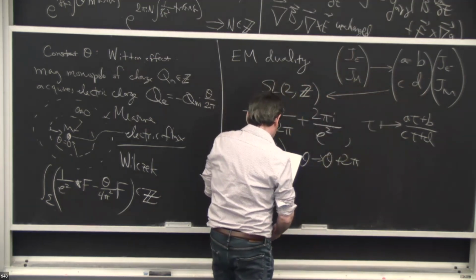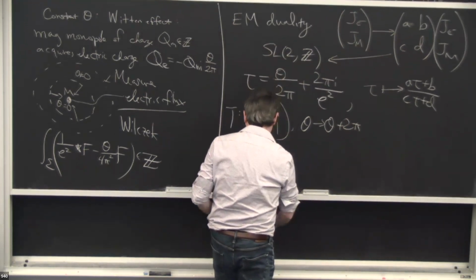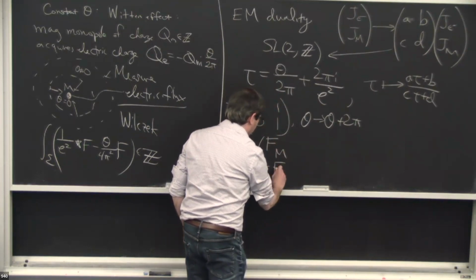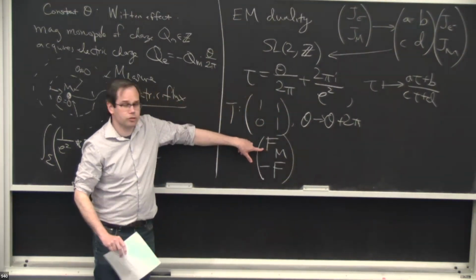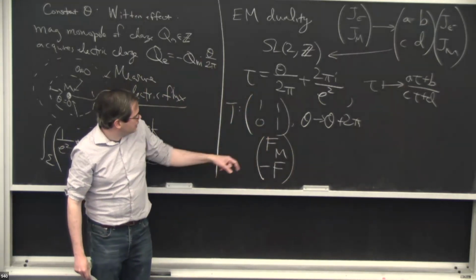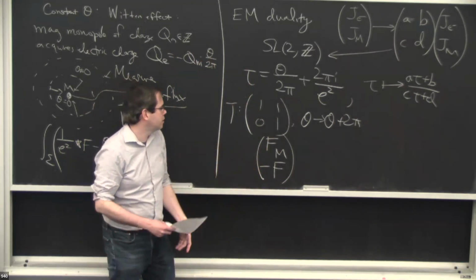And they do, and one way that I can package that is if I organize them like this. I put a magnetic version of my field strength, the derivative of some dual magnetic photon field, and I put my ordinary field strength there.